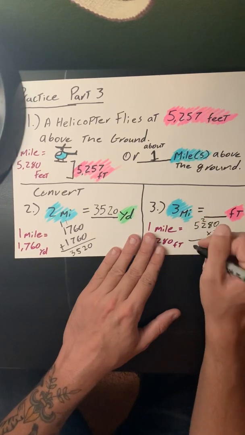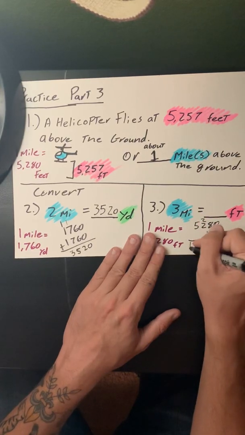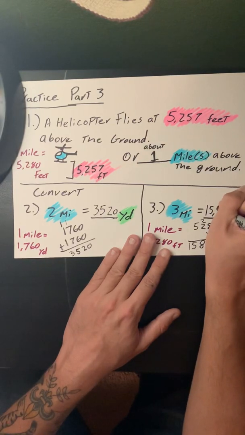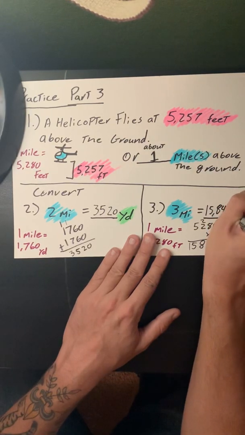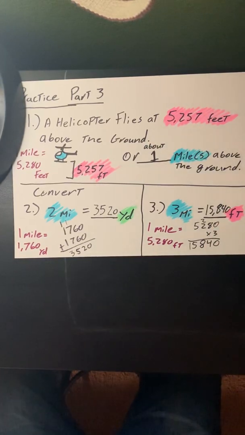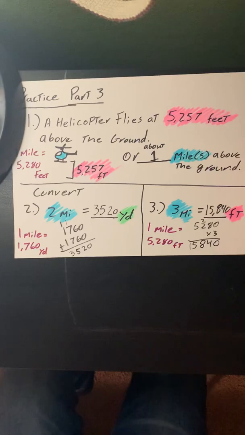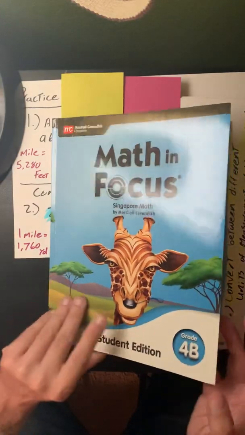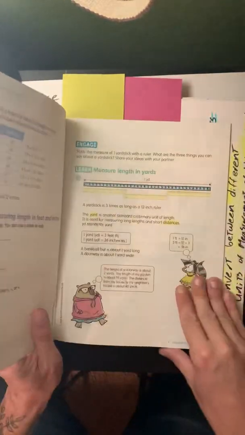And 3 times 5 is 15. That means that 3 miles is equal to 15,840 feet.